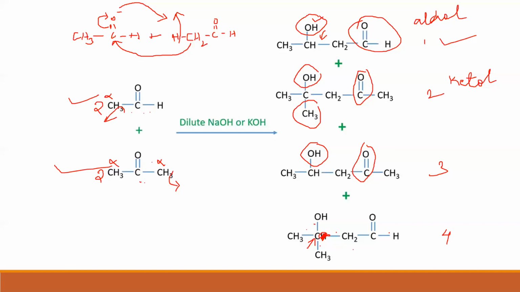Now, whatever is mentioned in this slide here, you have four products. Two products are formed because of self, two products are formed because of crossed aldol. Can you identify which are the products formed because of self aldol and which are formed because of cross aldol?